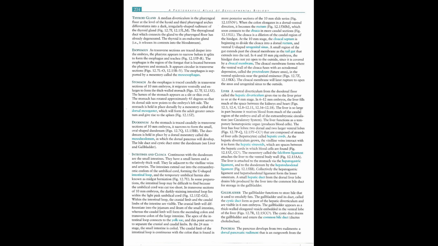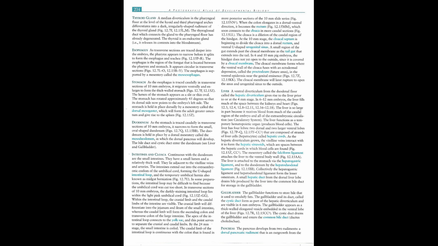The liver has 4 lobes, 2 dorsal and 2 larger ventral lobes, Figs 12.7 pq, 12.15 cc1, that are composed of strands of liver cells, hepatocytes, called hepatic cords. As the hepatic diverticulum grows, the vitelline veins interact with it to form the hepatic sinusoids, which are spaces between the hepatic cords in which blood cells are found, Fig 12.15 z, cc1.